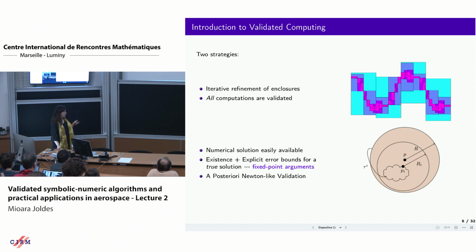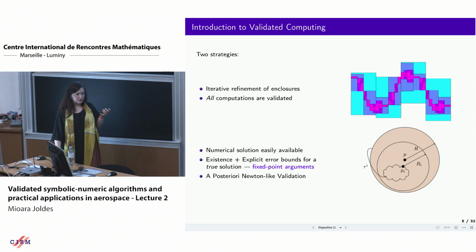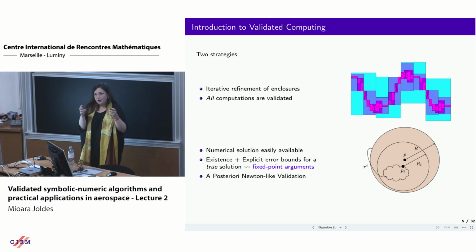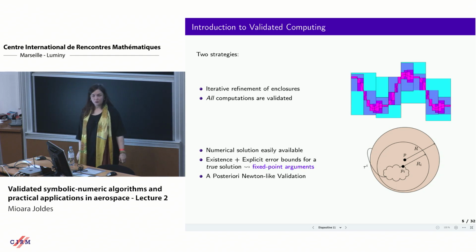Or we can follow the second approach, in which we consider the numerical solution, and then we try to use a fixed point argument in order to prove that there is a unique, if possible, or at least that there is a fixed point not too far away from the numerical solution.